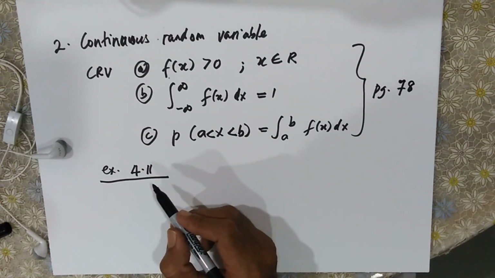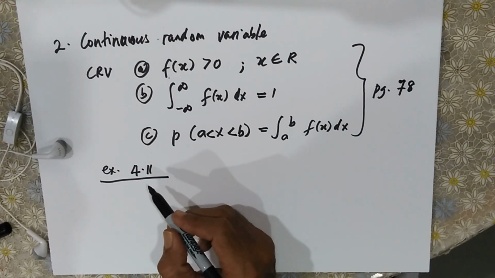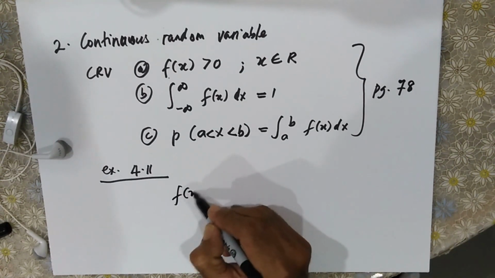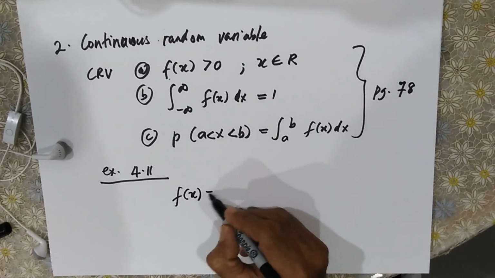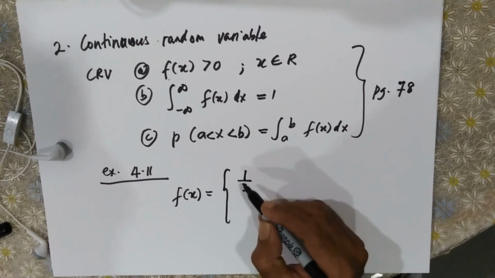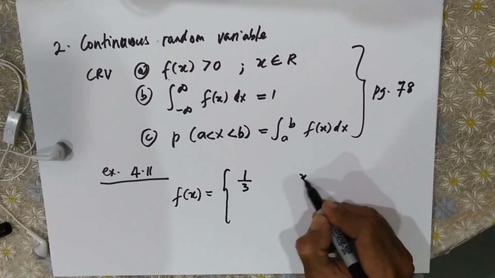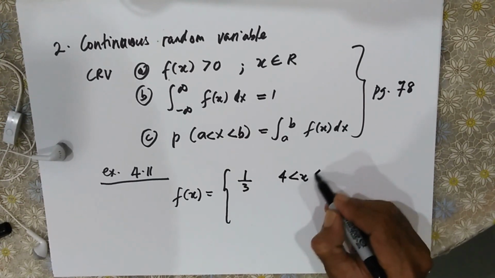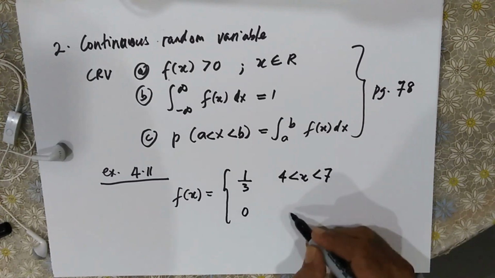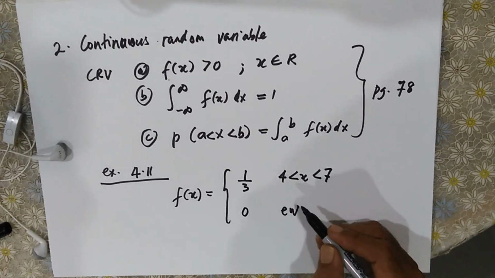Example 4.11 says that if we have a function f(x) equal to 1 over 3 for x in between 4 and 7, then 0 elsewhere.